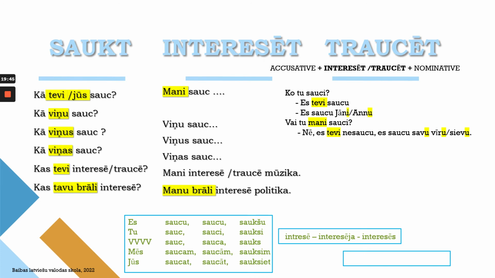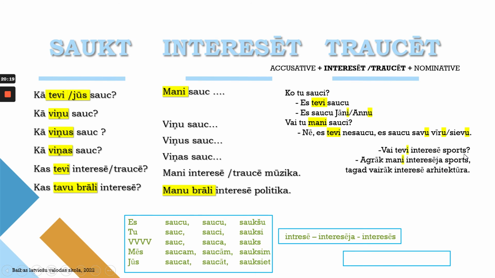Probably not to call, because call is, I think, basically by using your phone. But when you use your voice, I think there is another word more common to use. But you got the idea. Vai tu mani sauci? Nē, es tevi nesaucu. I didn't call you. Es saucu savu vīru, savu sievu. So I called my husband or my wife. And again, es saucu, and those would be accusative forms here.